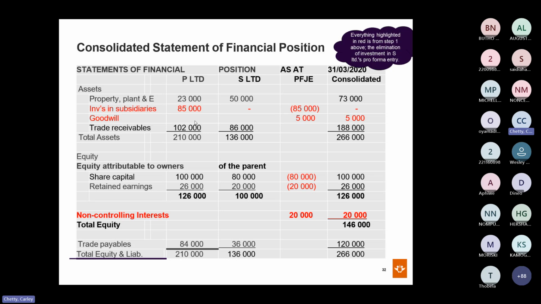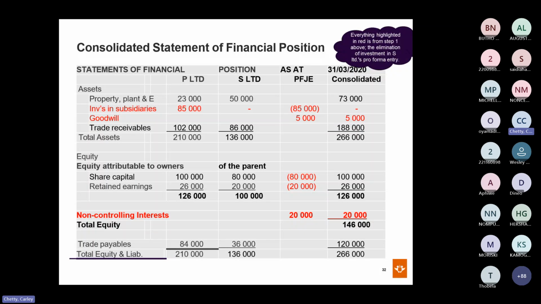Then we have goodwill. Remember, we said that P Limited and S Limited won't show this goodwill in their separate financial statements. It'll only be shown in the group financial statements. So we have goodwill as a pro forma journal entry, which is 5,000 Rand. Then we have trade receivables.